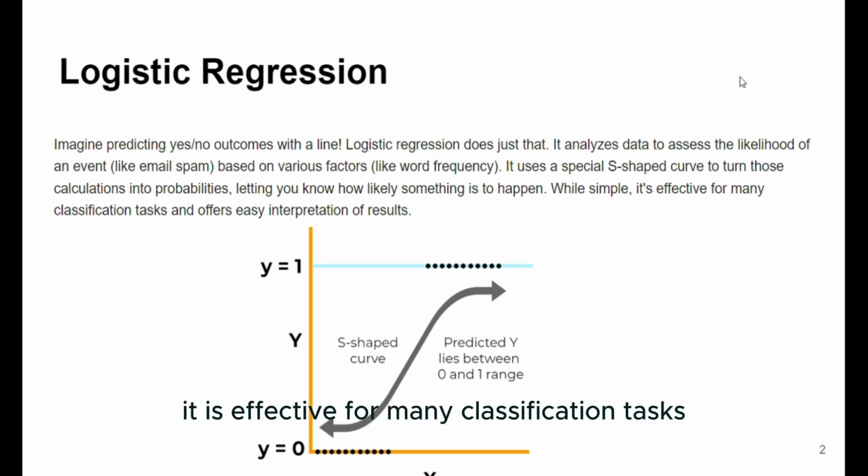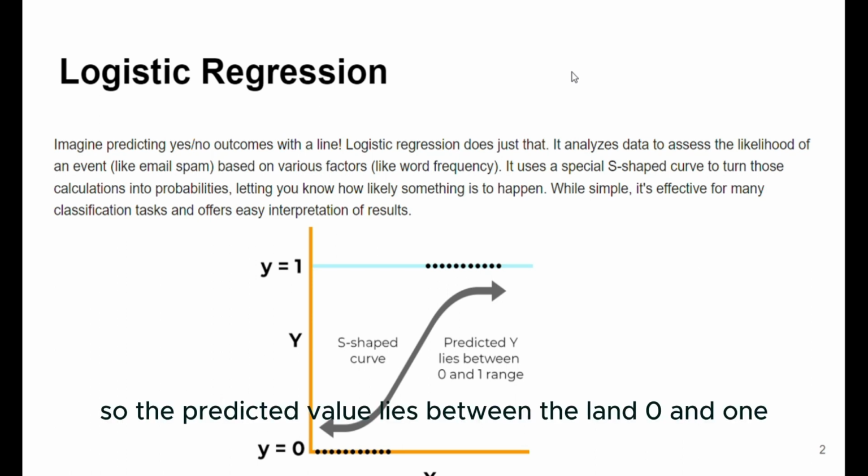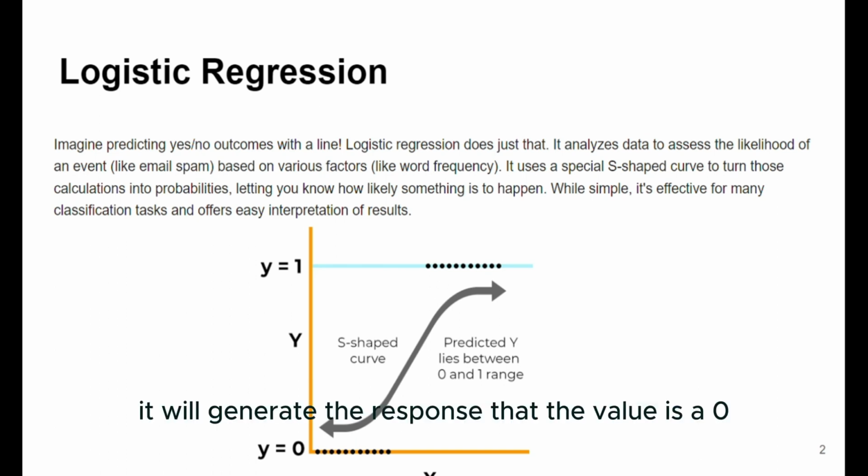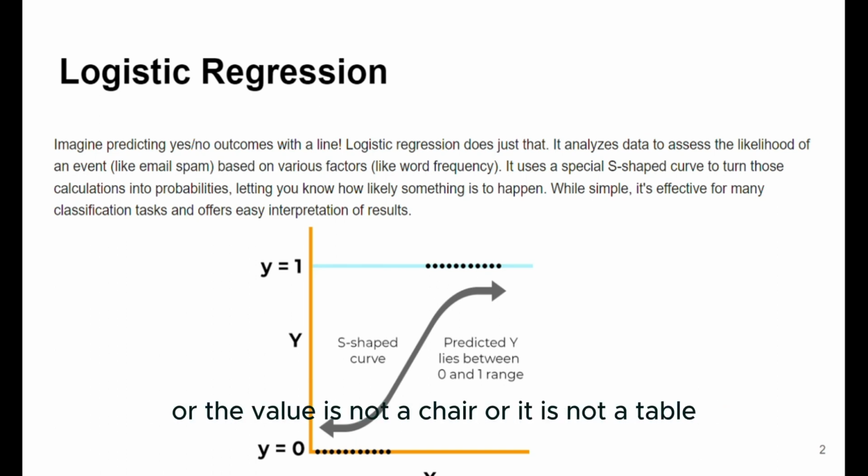Basically, predicting yes/no outcomes with a line is logistic regression. It is effective for many classification tasks and offers easy interpretation of results. The predicted value lies between 0 and 1. Either the value will be near 0 or near 1. If the value is near 0, it will generate the response that the value is not a chair or not a table.